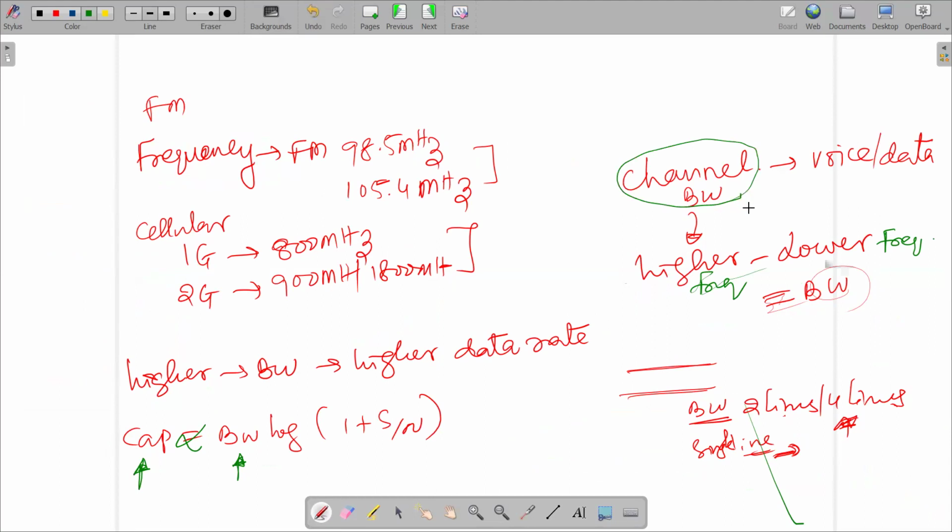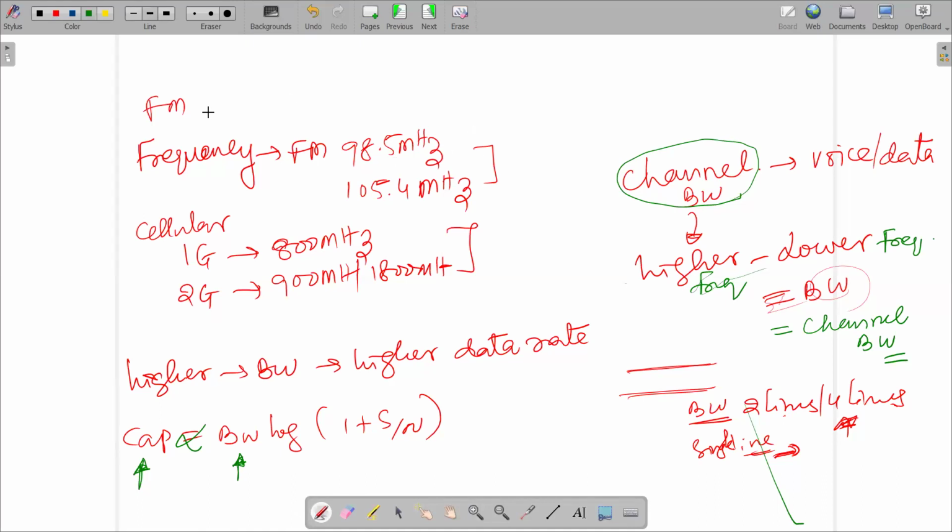Higher frequency minus lower frequency, you can call it channel bandwidth also. These are basic terminology.